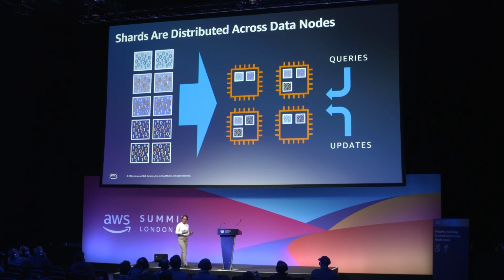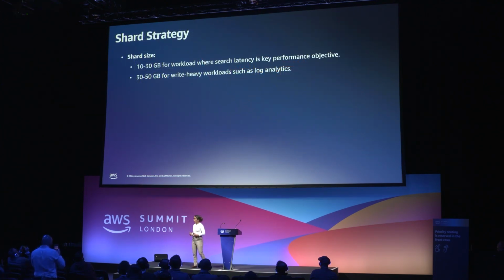So here are some best practices for your shard strategy for Amazon OpenSearch. First, consider the size of your shard based on the use case. For search use cases, where the amount of data reads and the performance are important, aim between 10 to 30 gigabytes.